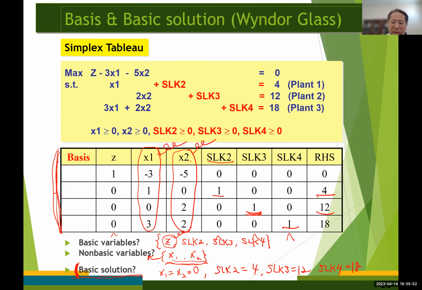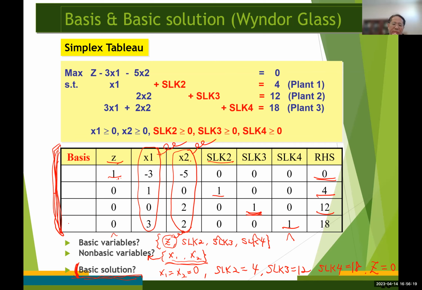And the corresponding objective function value, g, is equal to 0. So that's the basic solution based on the current simplex table, the initial table.